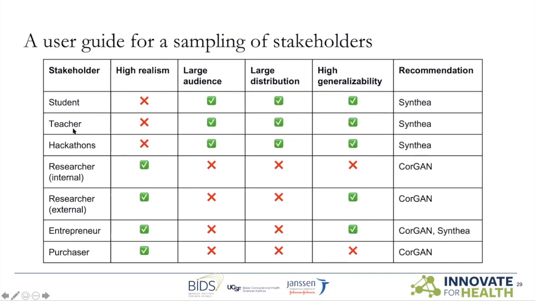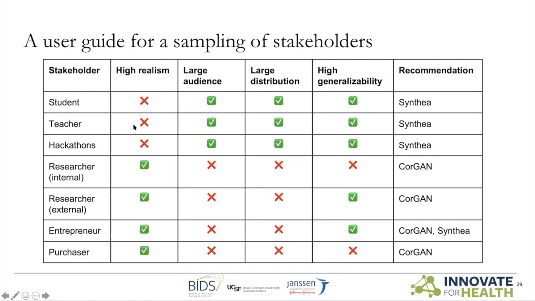So for the first set, students wanting to learn, teachers wanting to give data sets out for an instructional class, or for hackathons, for example, these often depend on being able to distribute to a large audience and having high generalizability to allow for an expansive scope of the challenge or student learning experience, or whatever instructional homework assignments or projects are given to the students.